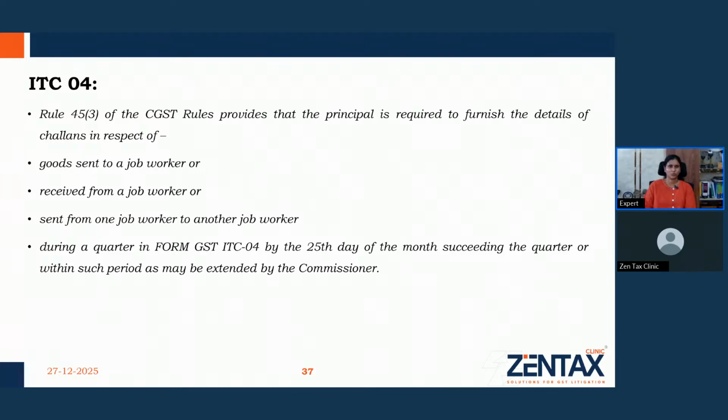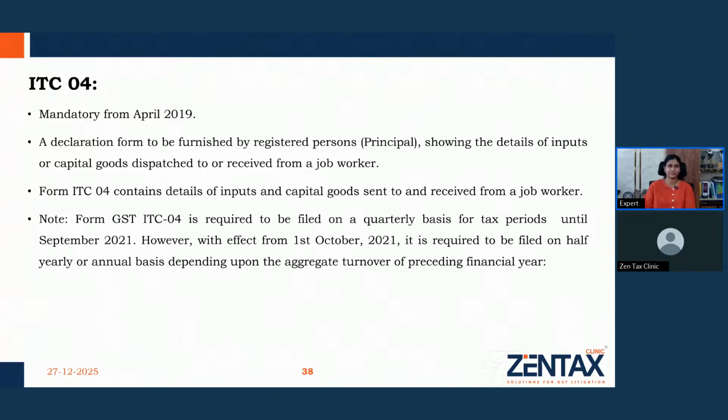So Rule 45 subsection 3 has given these details, that is the goods sent to job worker, goods received from job worker, goods sent from one job worker to another job worker. We need to file all these details in form ITC-04. This form ITC-04 has become mandatory from April 2019.